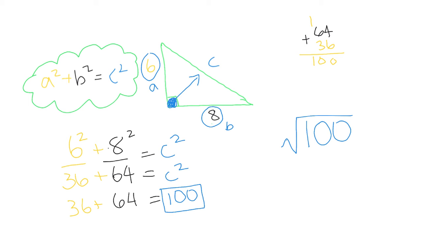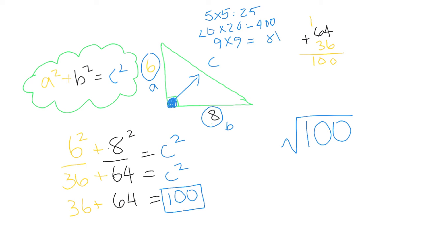So let's see. 5 times 5 is equal to 25. That's way too low. Let's see. 20 times 20 equals 400. That's way too high. So if we go down just a little, let's see. 9 times 9 is equal to 81.